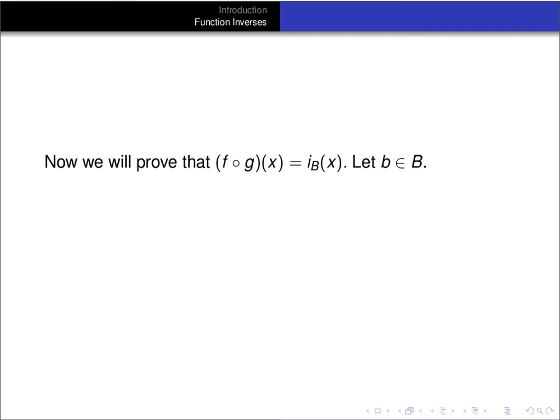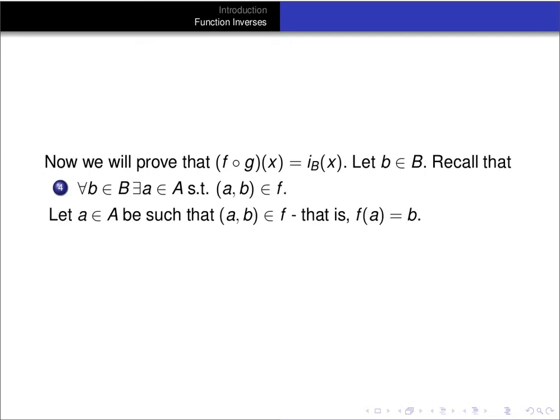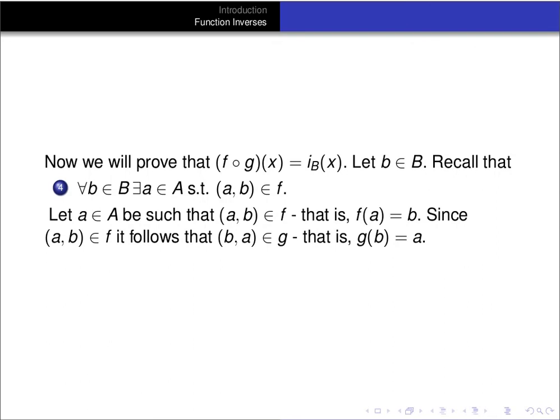So now we'll prove that F composed with G is the identity on B. Let's pick some b in B. We have to prove that F composed with G of b is equal to b. So recall that for all b in B, there's an a in A so that (a, b) is in F. So let's pick an a such that (a, b) is in F. That is, F of a is equal to b. Since (a, b) is in F, it follows that (b, a) is in G. That is, G of b is equal to a.